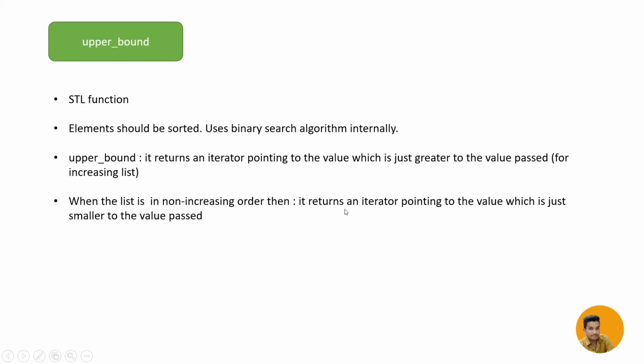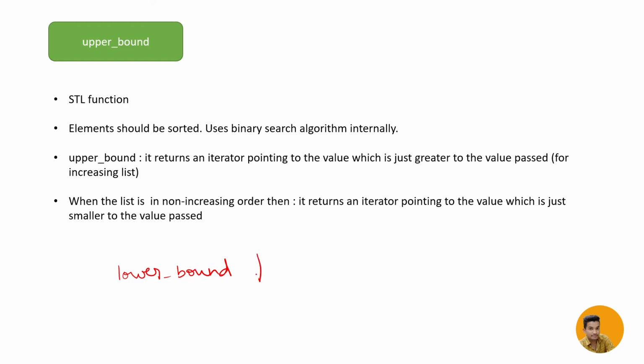So I hope it is clear. As a summary, lower bound gives an iterator pointing to the value which is greater or equal to the value passed in case of increasing order, and in case of decreasing order it gives the smaller.